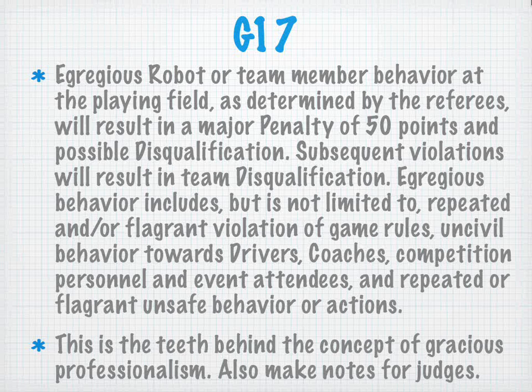Examples might be a team member swearing at the ref, or at an opposing team, or behaving badly to another driver, yelling at them, kicking the field, any sort of unsportsmanlike conduct, anything that's really neither gracious nor professional. If it's sufficiently egregious, then the ref has G17 as a way to eliminate that behavior.